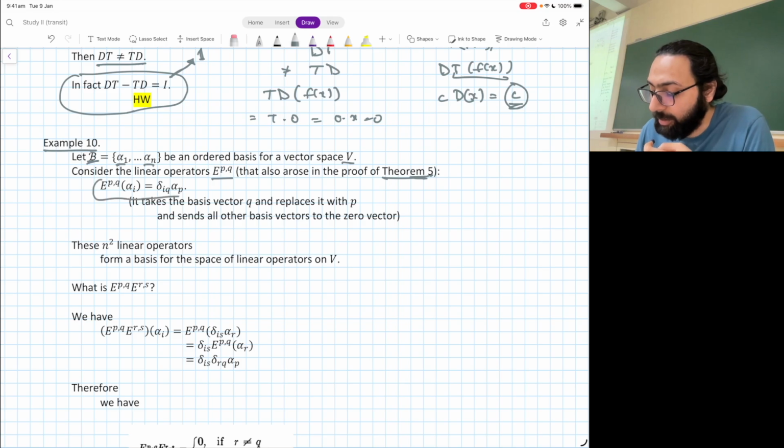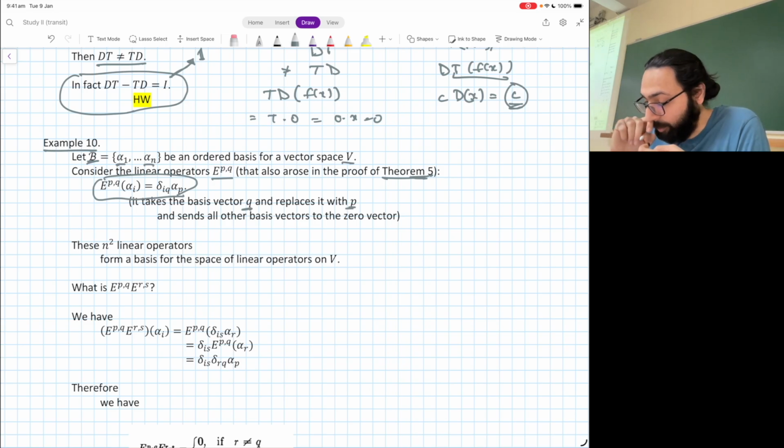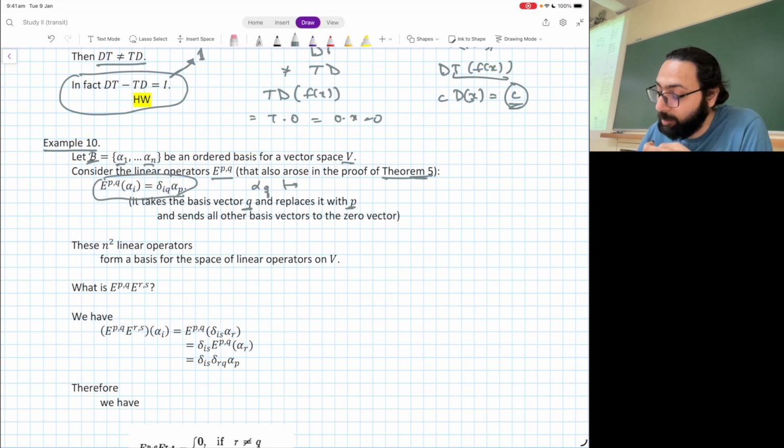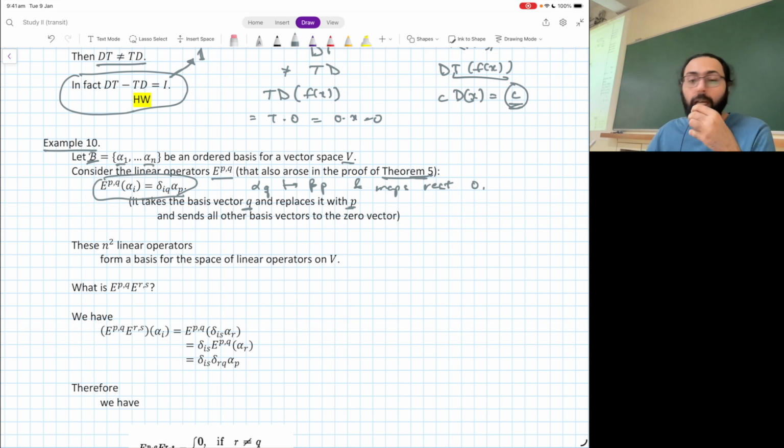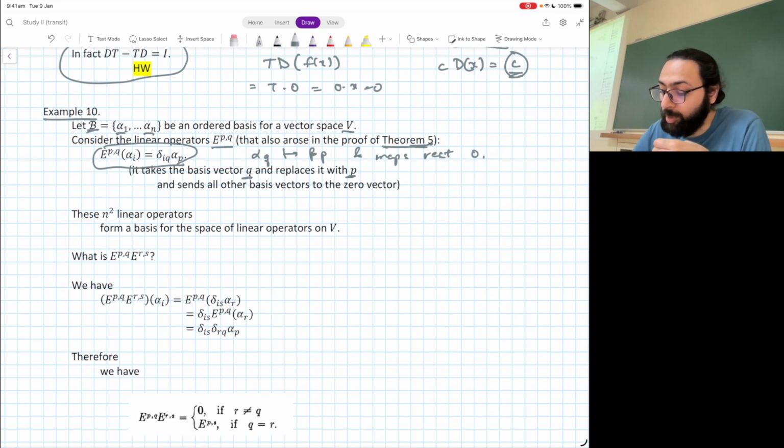Remember what it does: it takes alpha Q and replaces it with beta P, and maps the rest to 0. That was the action of this object.